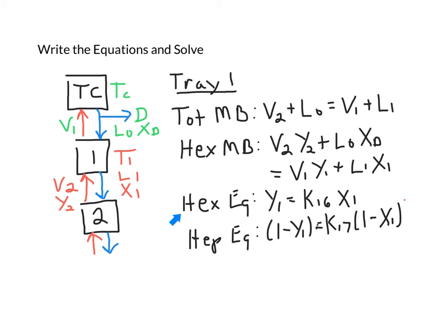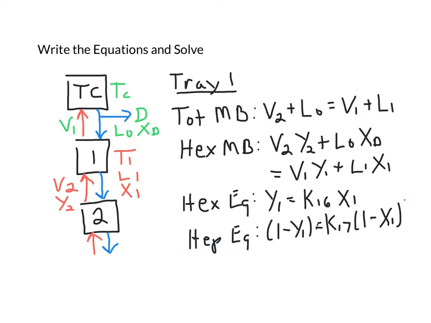We also have the hexane equilibrium, which is just y equals Kx. In this case, the K value is for the first tray. Each tray and the condenser, etc., have different temperatures, so we have to distinguish these. And that's for hexane, so we'll write K1,6 times its composition. For heptane, we'll just say its mole fraction, which is 1 minus the hexane mole fraction, is equal to K1,7 times the mole fraction of the heptane.